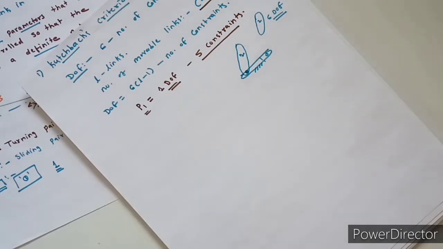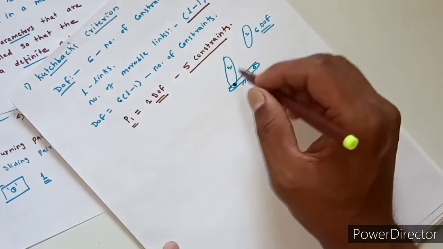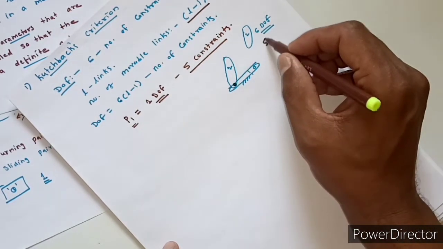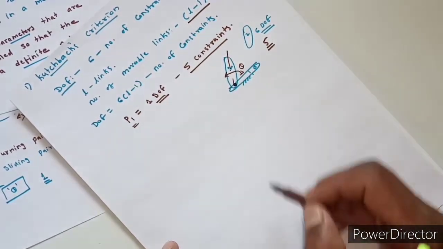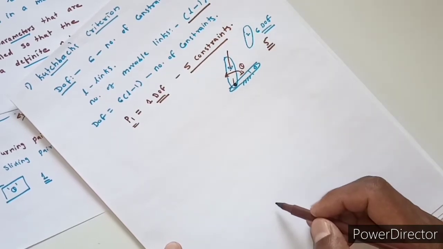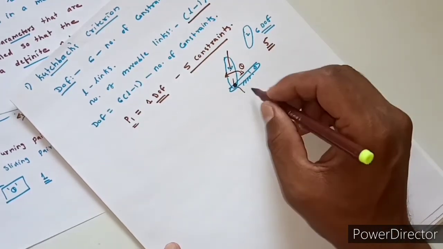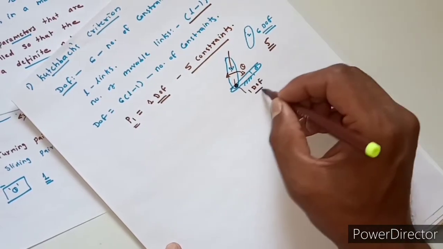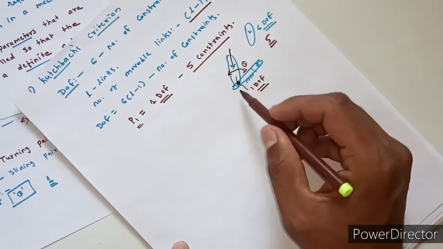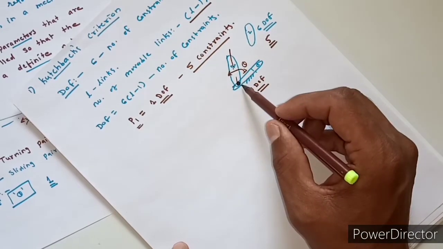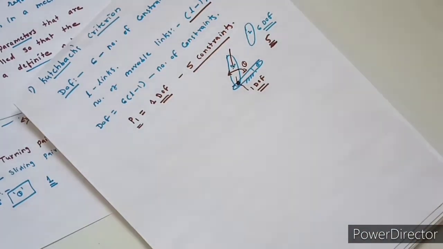But after connecting this link to a fixed link in space, degrees of freedom are reduced by 5 because now this link can only rotate with respect to link number 1. And this has happened because of introducing this turning pair which is having 1 degree of freedom. So what we can conclude is that if we introduce a 1 degree of freedom pair in a mechanism, it will impose 5 restraints.